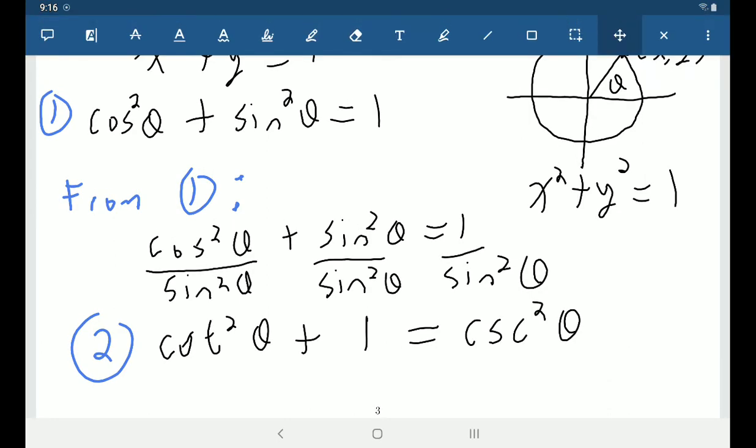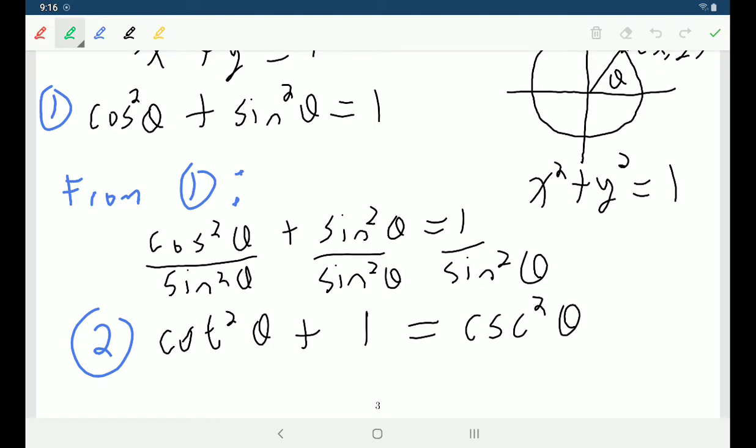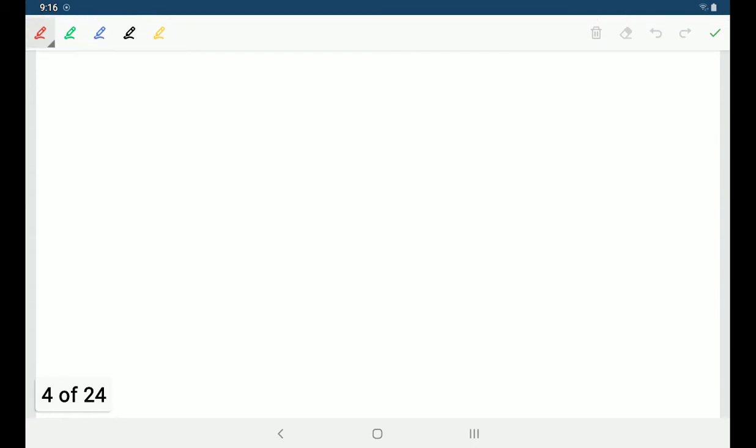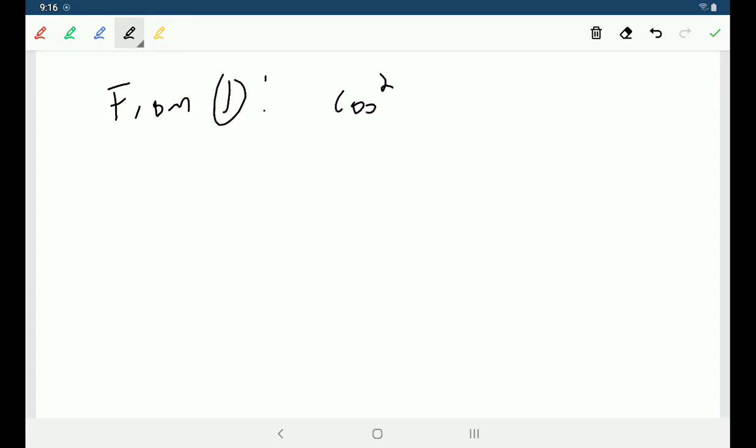And the third identity I'll do in exactly the same way. I'll take my first equation that I have here, and instead of dividing everybody by sine, I'll instead divide everybody by cosine squared. So let's do that. So from equation 1, we had cosine squared theta plus sine squared theta is equal to 1.